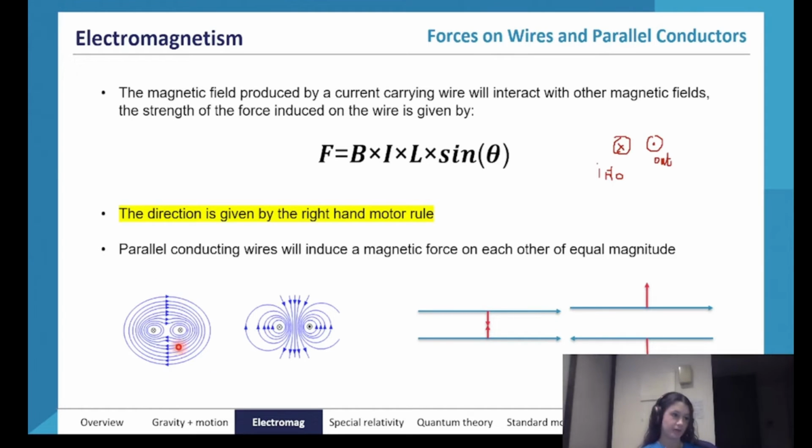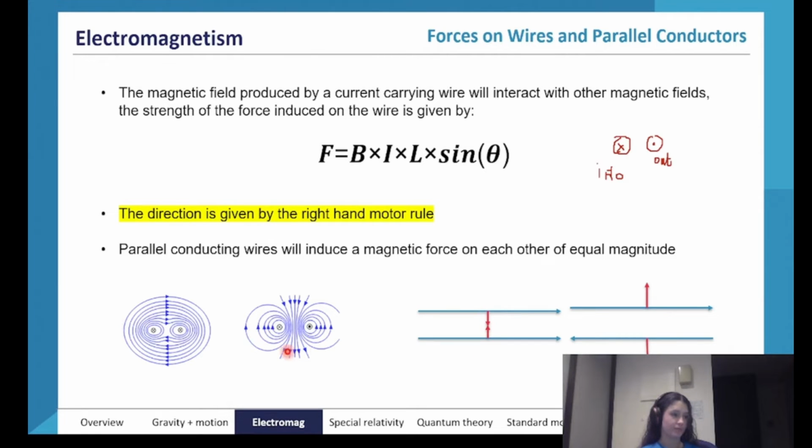And because of that, if we have 2 wires with current in the same direction, they're going to be attracted to one another. They're going to be pulled closer to one another.